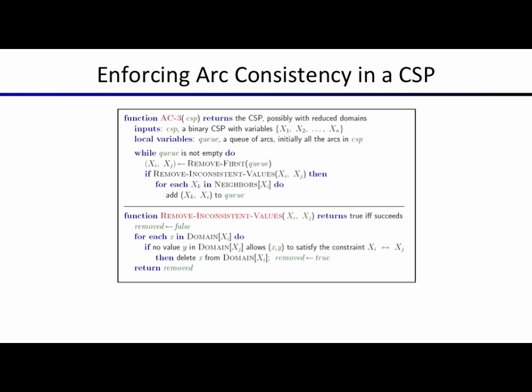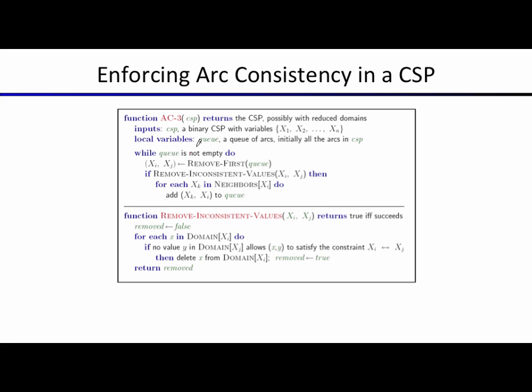So here's the pseudocode. As usual, we're not going to go in great detail on this, but you have it on the slide to refer back to. A few things that I want to point out: this is called the AC3 algorithm, and it's one of the leading algorithms for enforcing arc consistency.